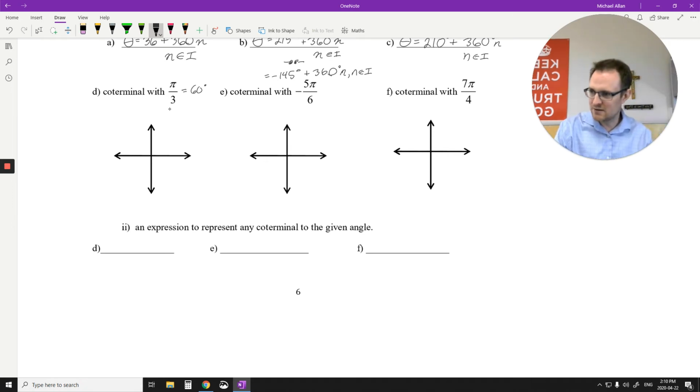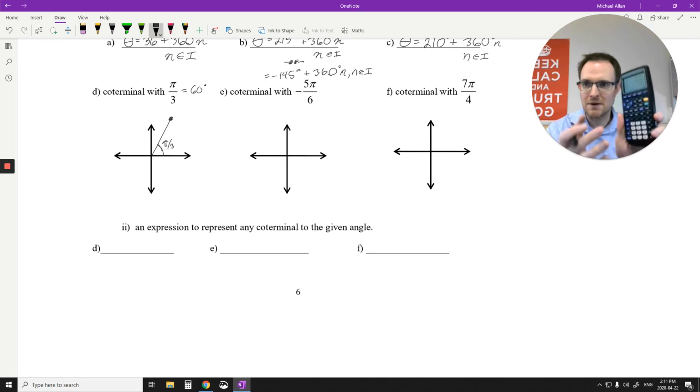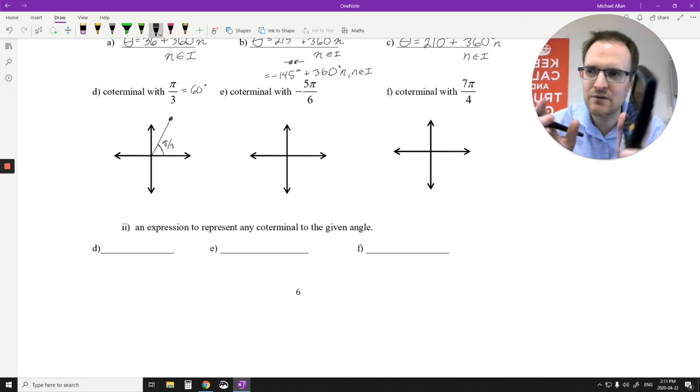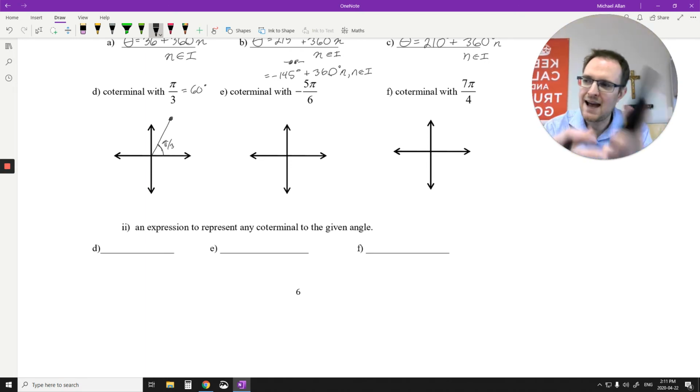That just allows me to draw this nicer. So I can say that this is 60 degrees. This is pi over 3. So I'm not going to write 60 degrees down here, and my coterminal angles are going to have to be left in radians. So rather than adding 360 to 60 and then changing it to radians, remember what we did before: when you want to add 2 pi to something, and the other thing also has pi in it, you would just add the numbers that are in front of them.